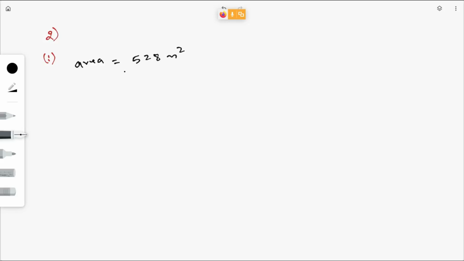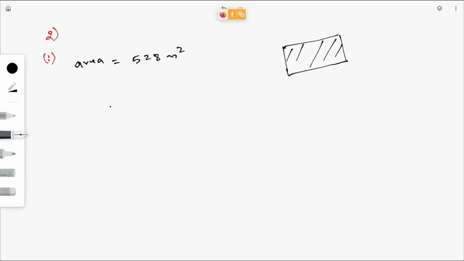This is the first given data. There is some rectangular plot here, and its area is 528 meter square, right? Second sentence: the length of the plot is one more than twice its breadth.